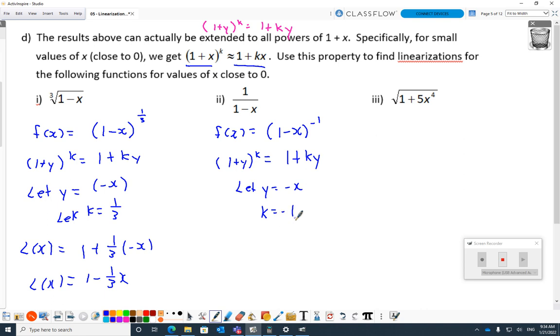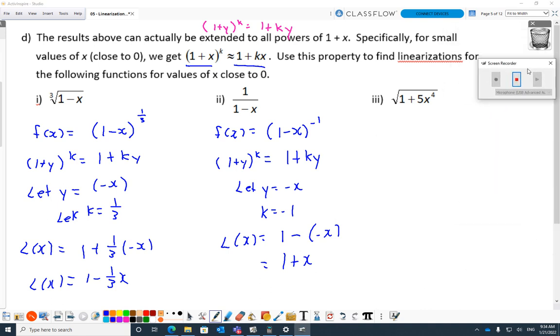And so my linearization here is 1 minus negative x, which is 1 plus x. That'll be a nice linearization shortcut there. Put that up out of the way.